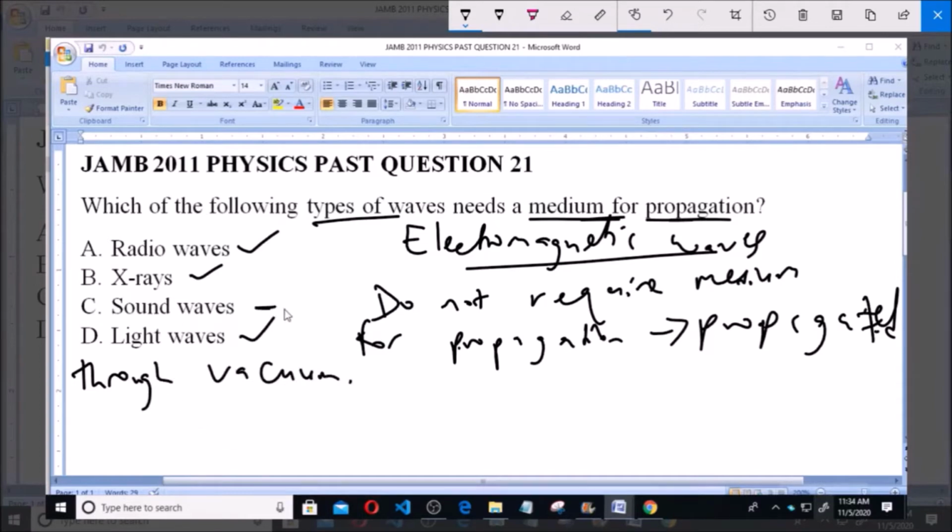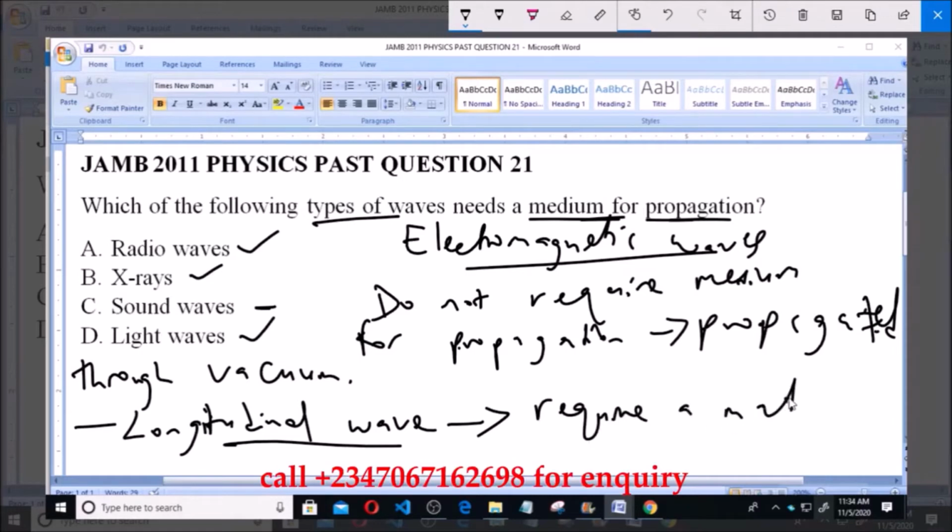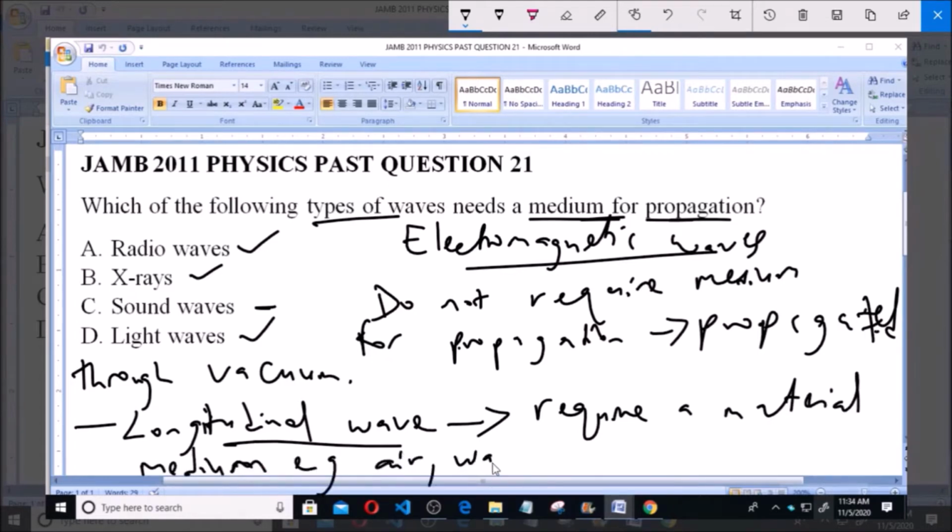However, sound wave is a longitudinal wave, and longitudinal waves, of course, require a material medium for propagation. Mediums such as air or water or wood, etc. So it requires a medium for its propagation. So option C, which is sound wave, is a wave that needs a medium for propagation.